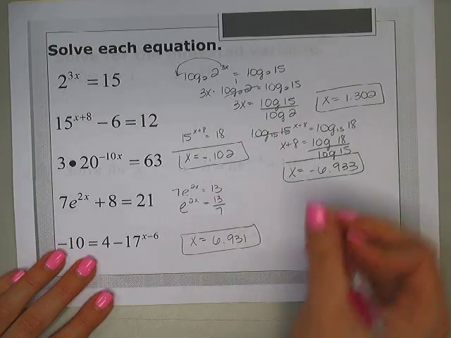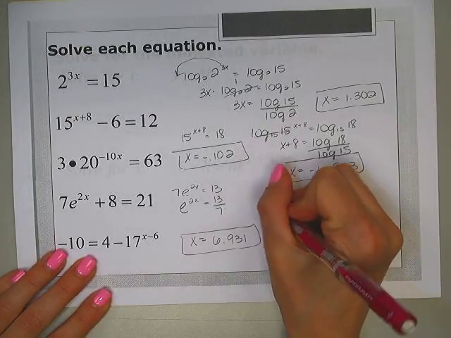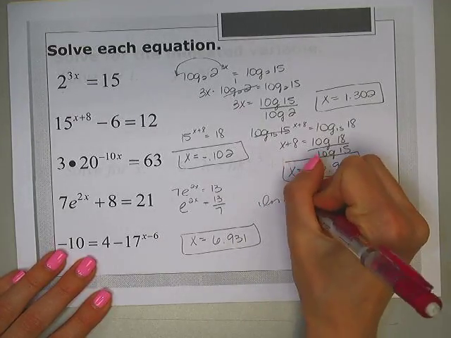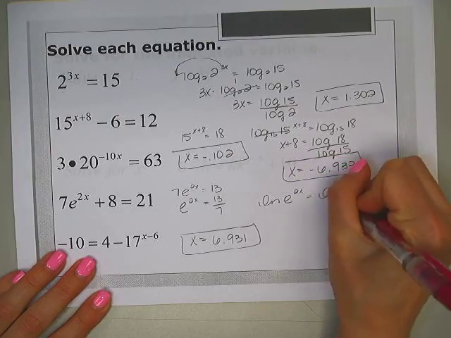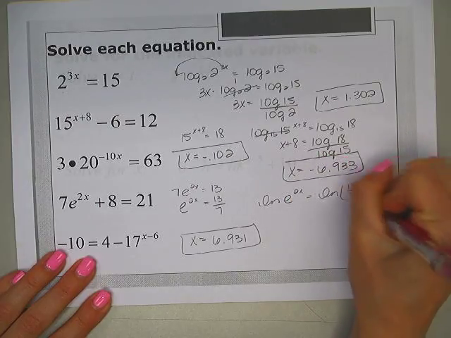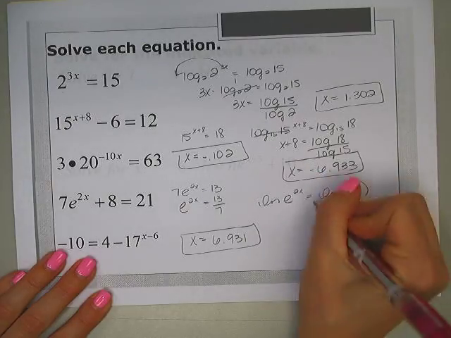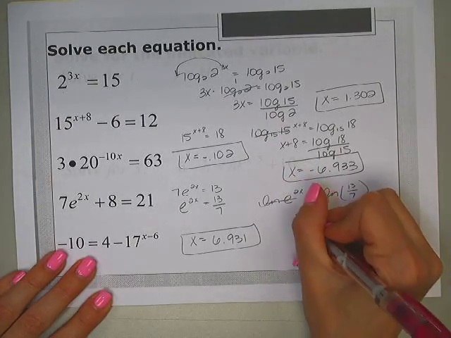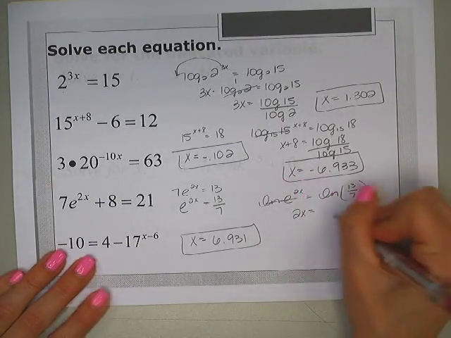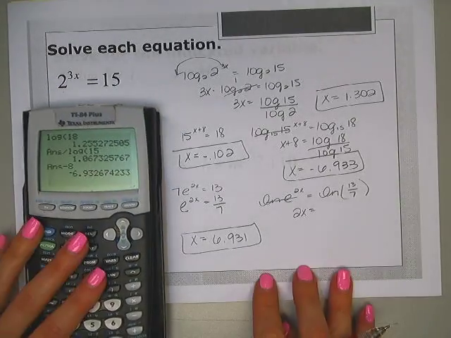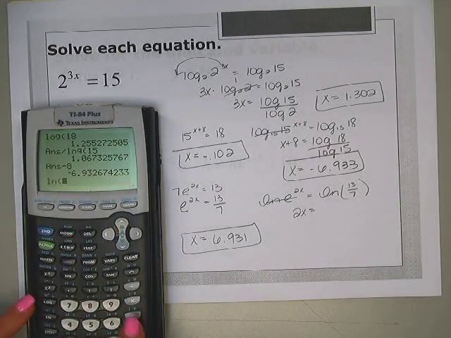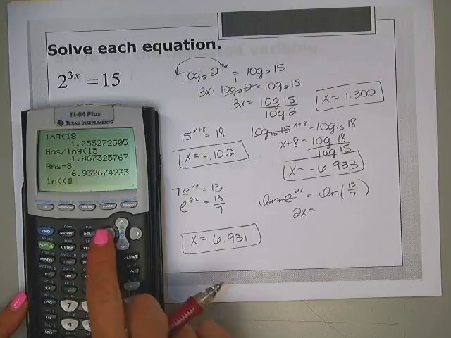Now, I need to choose an appropriate base. Well, what type of log is base e? The natural log, yes. So I'll apply natural log to both sides. Log base e is natural log. Therefore, natural log of e to the 2x equals natural log of 13 over 7.